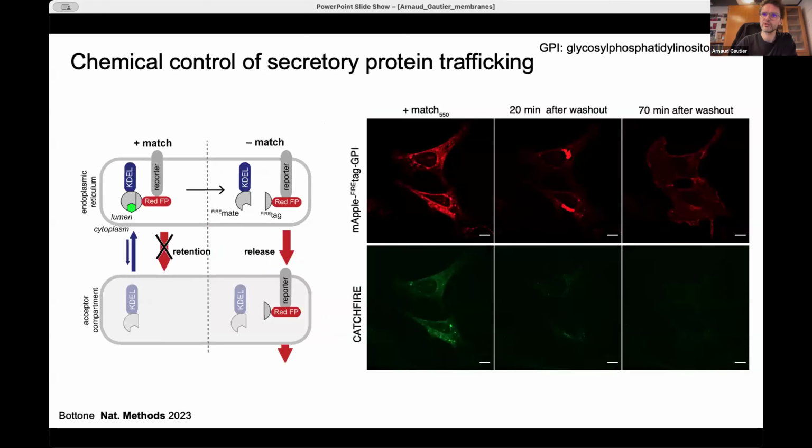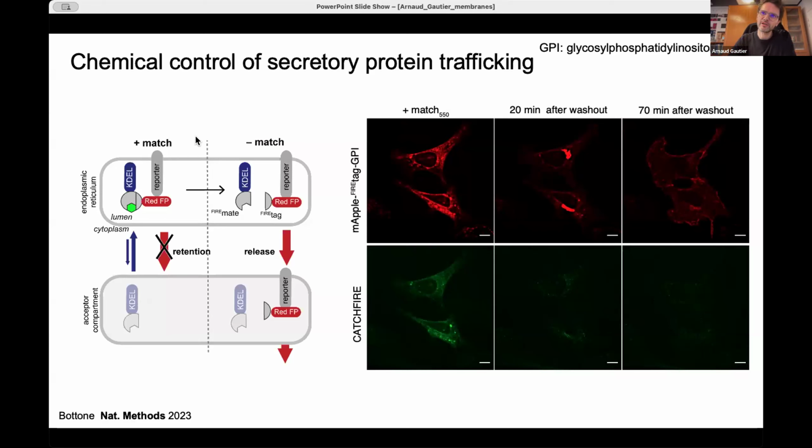A few years ago, Frank developed a technology called Rush that allowed us to synchronize protein trafficking by sequestering proteins in the ER. And we thought that we could adapt this concept of Rush with the CATCH-FIRE technology.